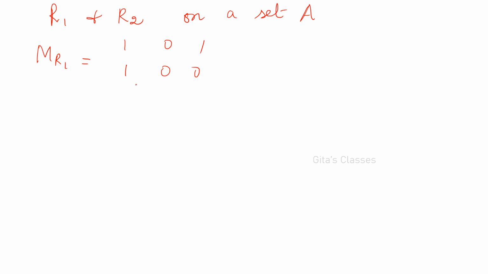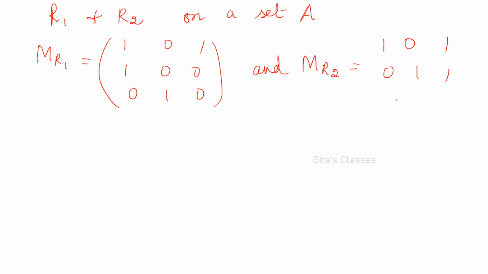Okay, we'll see one more question. Suppose that the relations R1 and R2 are defined on a set A, represented by the matrices MR1 equal to 1 0 1, 1 0 0, 0 1 0, and MR2 equal to 1 0 1, 0 1 1, 1 0 0.